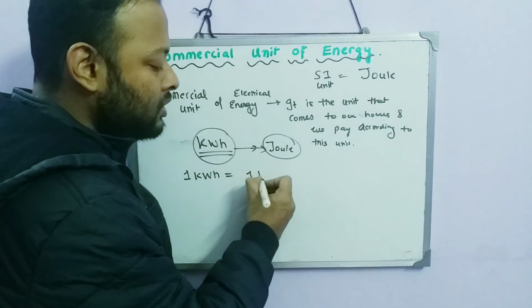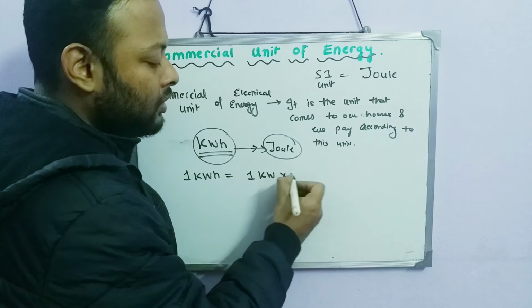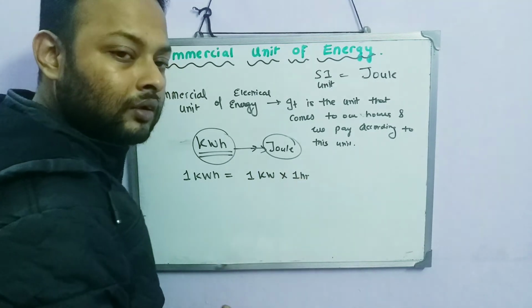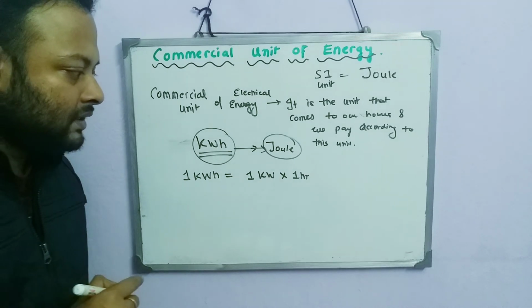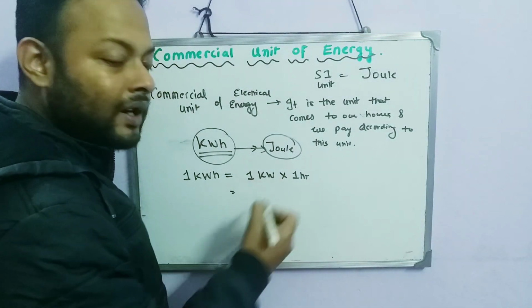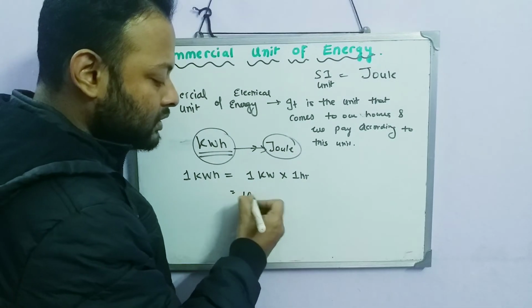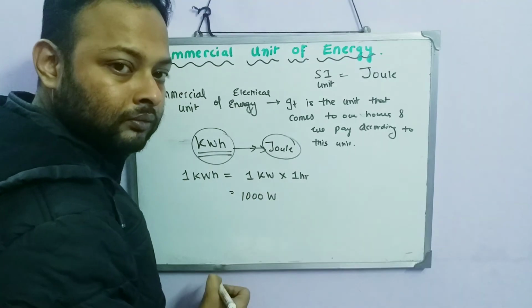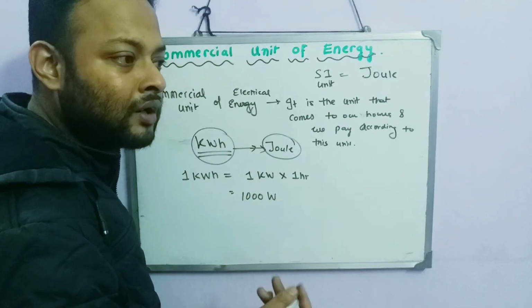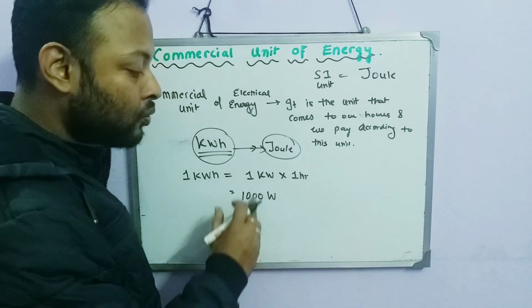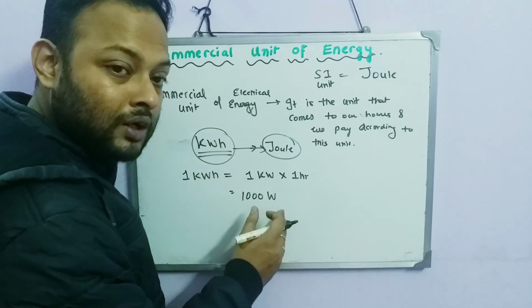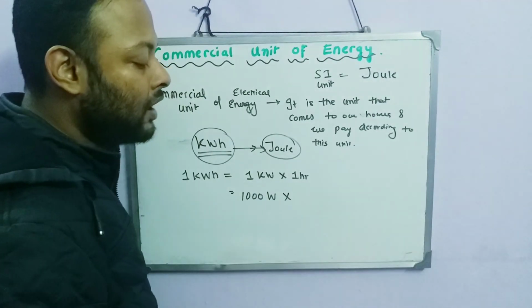It is 1 kilowatt into 1 hour, correct? After this, what is 1 kilowatt? It is nothing but 1000 watt. Just like 1 kilogram is equal to 1000 gram. So 1 kilowatt hour is equal to 1000 watt into 1 hour.